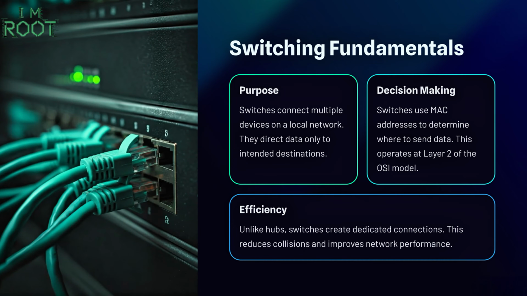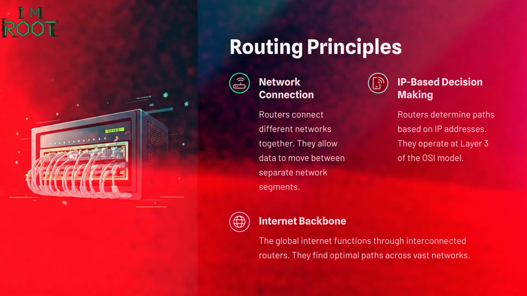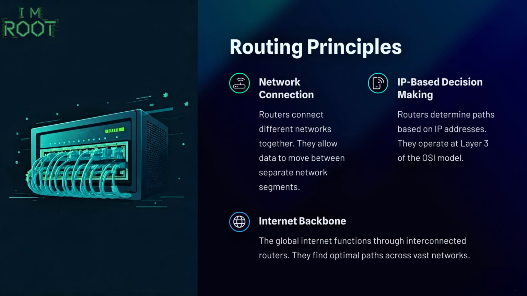Switching fundamentals. Switches are devices that connect multiple devices on a network and direct data only to the intended destination using MAC addresses. VLANs. Virtual LANs help segment networks for improved security and performance. Routing principles. Routers are key to connecting different networks and directing traffic based on IP addresses.